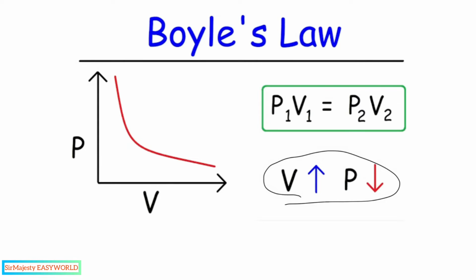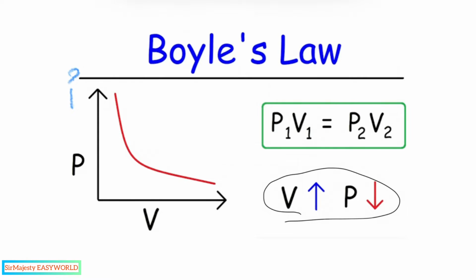Whenever you plot P against V, you have a graph like this in red, because at a stage the pressure and the volume will be at equilibrium at a certain point, like here when I used 16, 1, 8, 2, 4, 4. So at this point, that's why this curve.